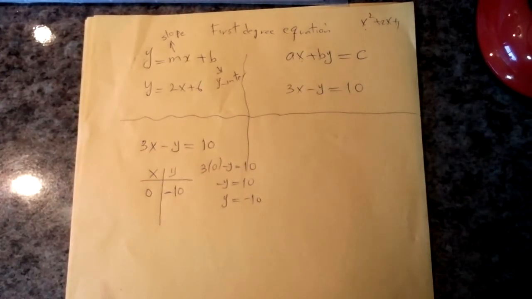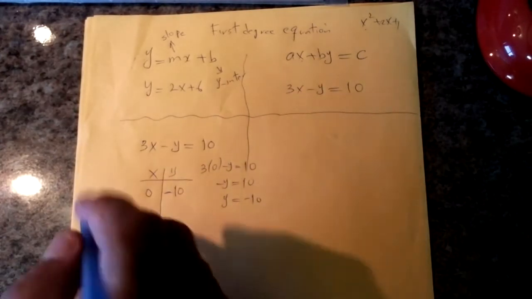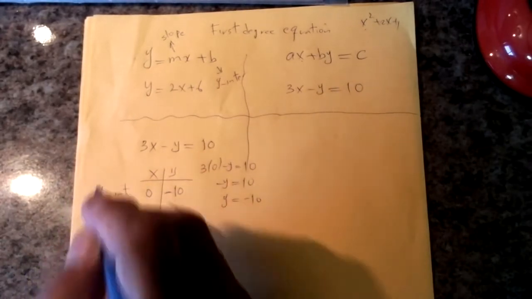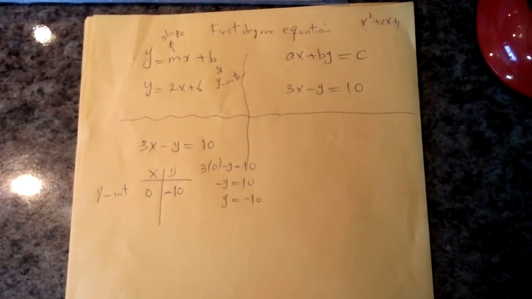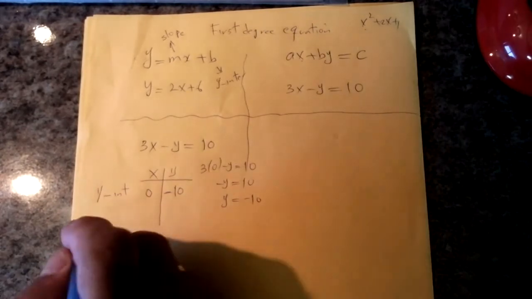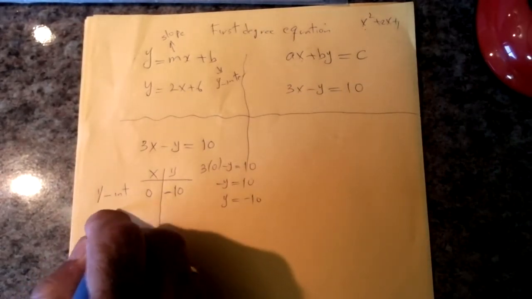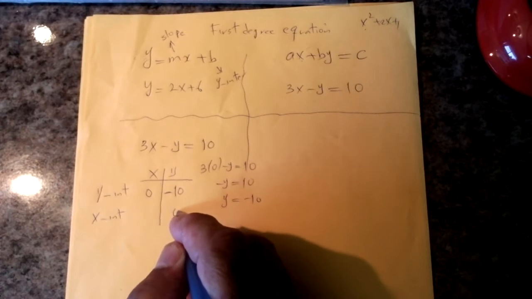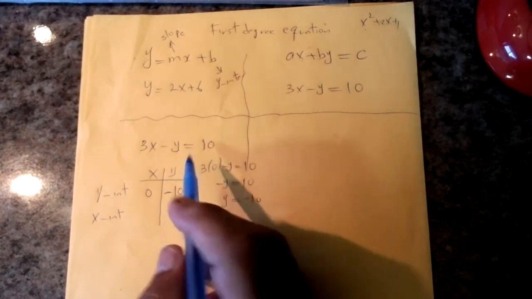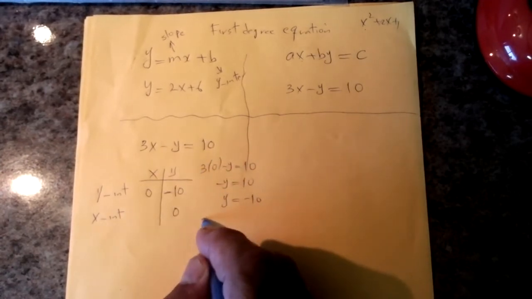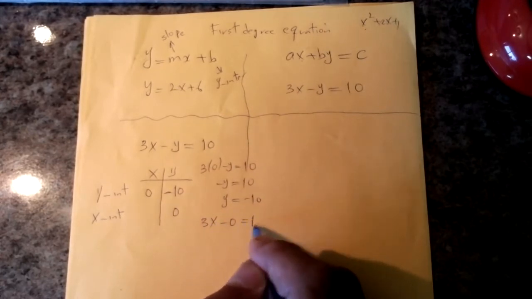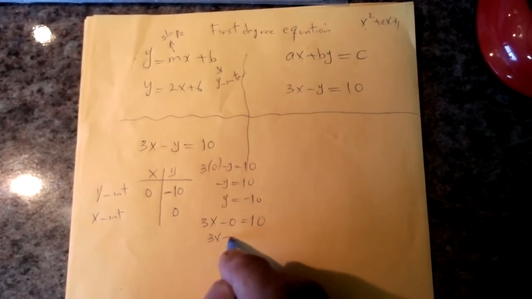So that gives you a point that is the y-intercept because the value of x is 0. We also have the x-intercept. The x-intercept is when the value of y is 0 and you find x. In this case, 3x minus 0 is 10, or 3x is 10.